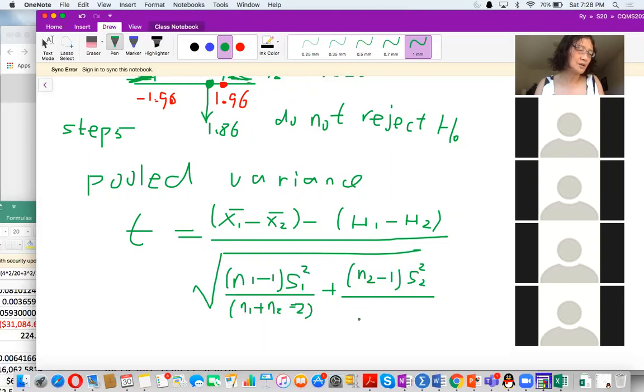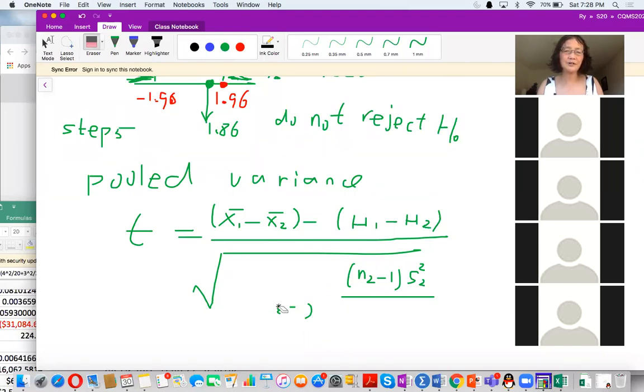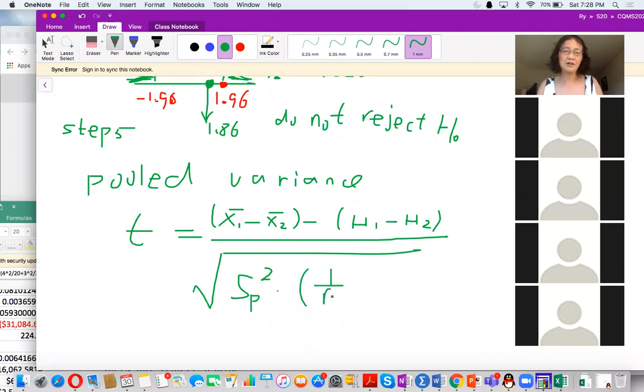A different format, you can use this short, simple format. This is a little bit complicated. If I introduce pooled variance, this Sp squared represents the pooled variance, multiplied by 1 over N1 plus 1 over N2.